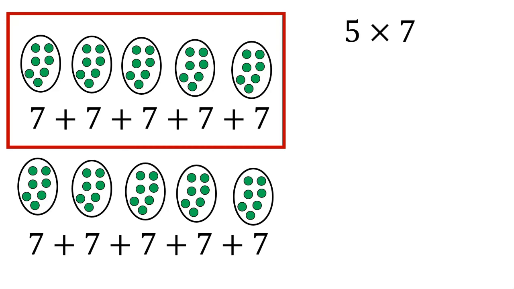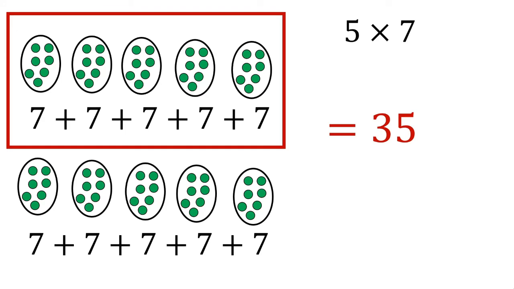Now, half of the 70 is contained in the 5 circles on the top row, and half is contained in the 5 circles on the bottom row. Well, that means that if 10 lots of 7 is 70, 5 lots of 7 must be half as much. Which means that 5 lots of 7 must be half of 70, and half of 70 is 35.